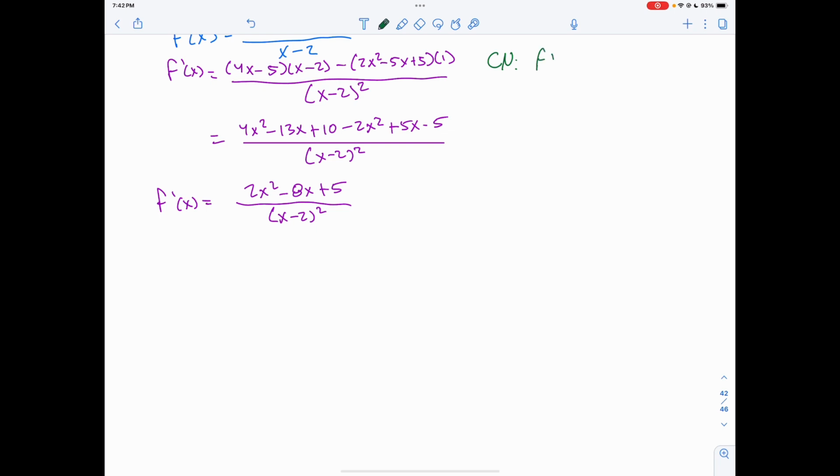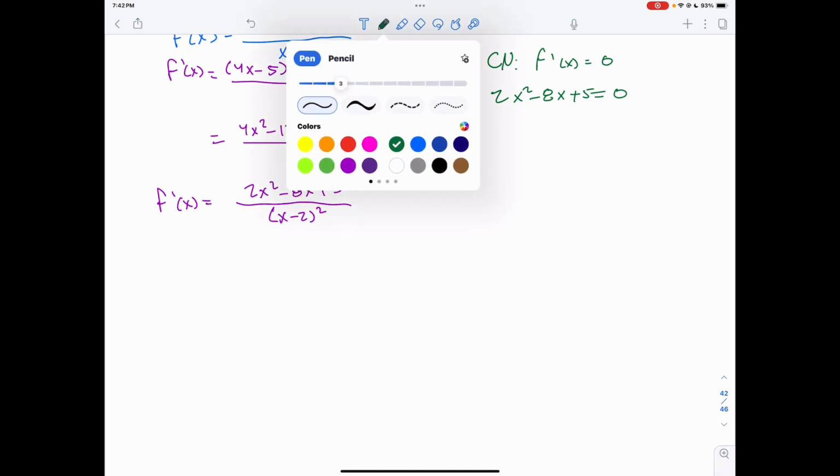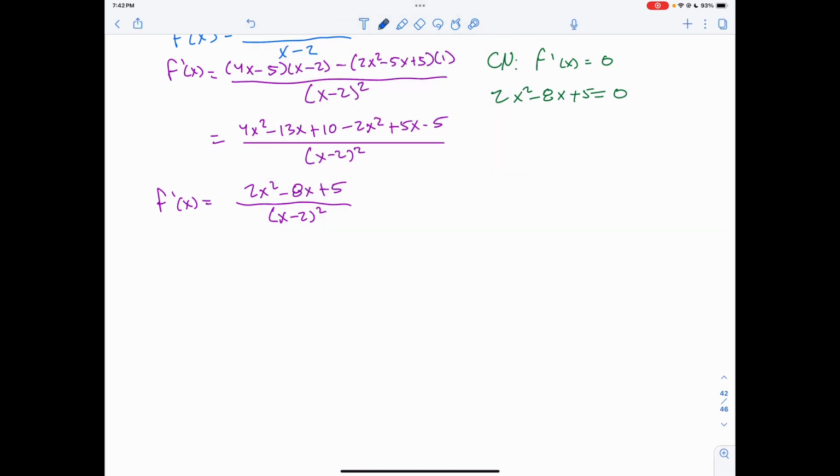If f prime of x is equal to 0, then 2x squared minus 8x plus 5 is equal to 0. Can't seem to factor this, so I'm going to say that x is equal to the negative of negative 8 plus or minus the square root of negative 8 squared minus 4 times 2 times 5, all divided by 2 times 2.